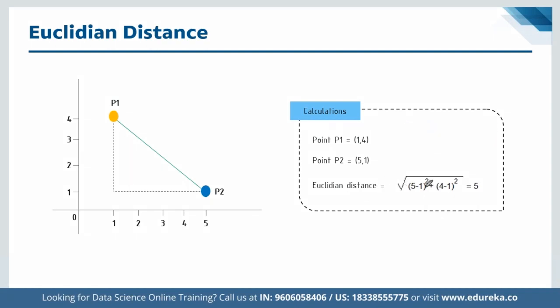Essentially Euclidean distance is nothing but the square root of the sum of the squared differences of the x coordinates of these 2 points P1 and P2 and the squared differences of the y coordinates of P1 and P2. This is just an example of one kind of distance, and other kinds like Manhattan or Mahalanobis are also there.